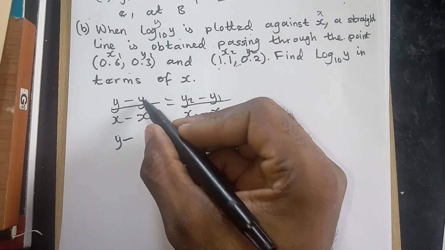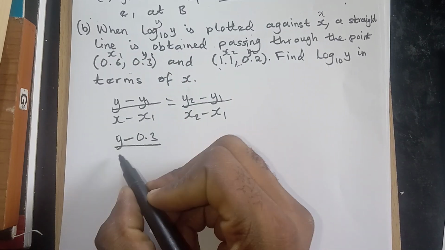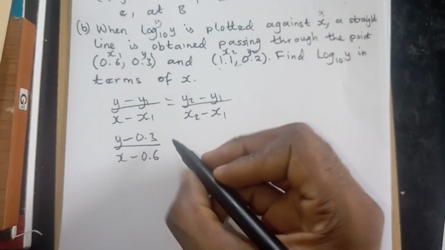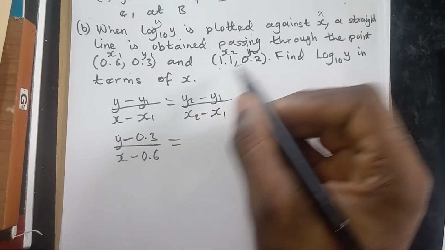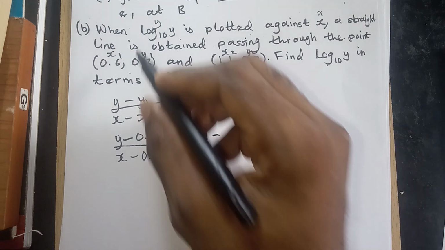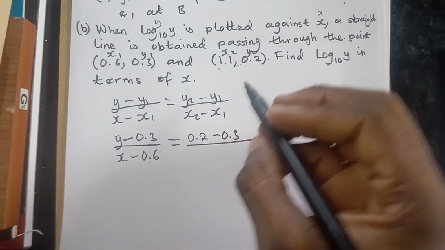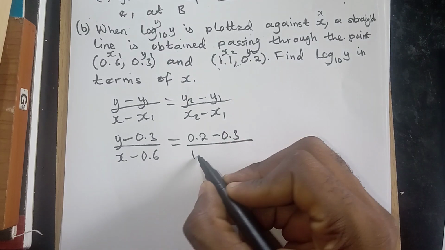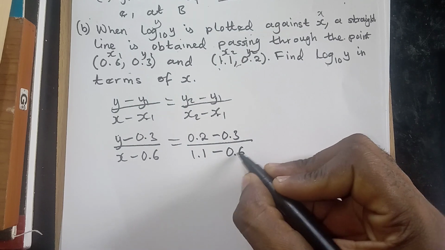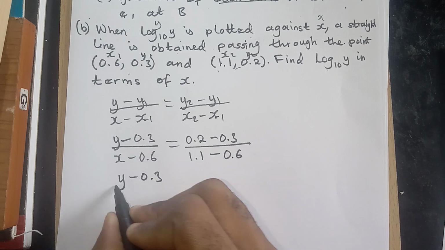So we have y minus, my y1 is 0.3, my x1 is 0.6, then y2 is 0.2 minus y1, which is 0.3, and then my x2 is 1.1 minus my x1, which is 0.6.